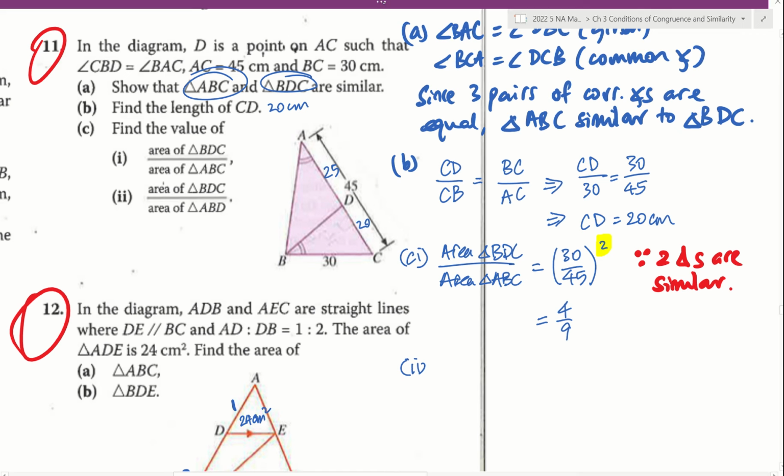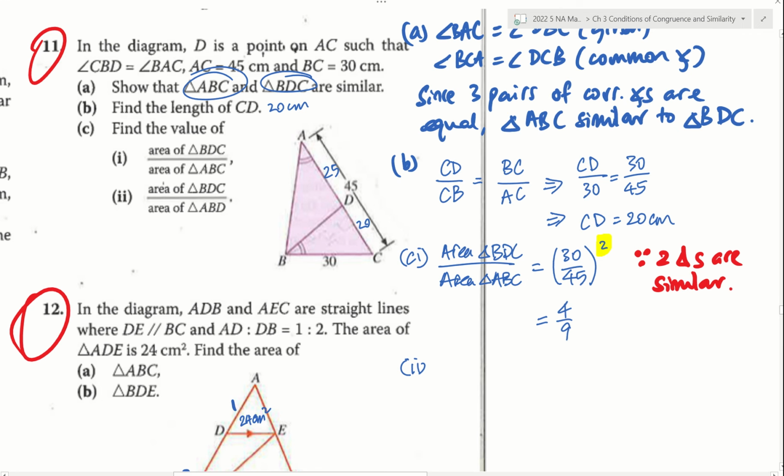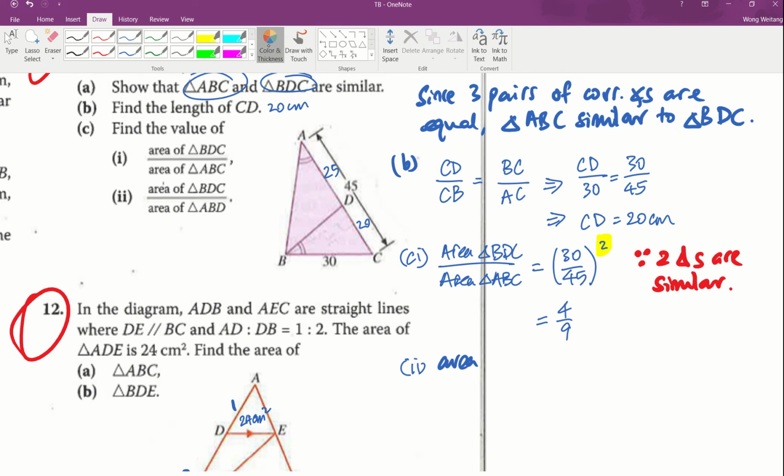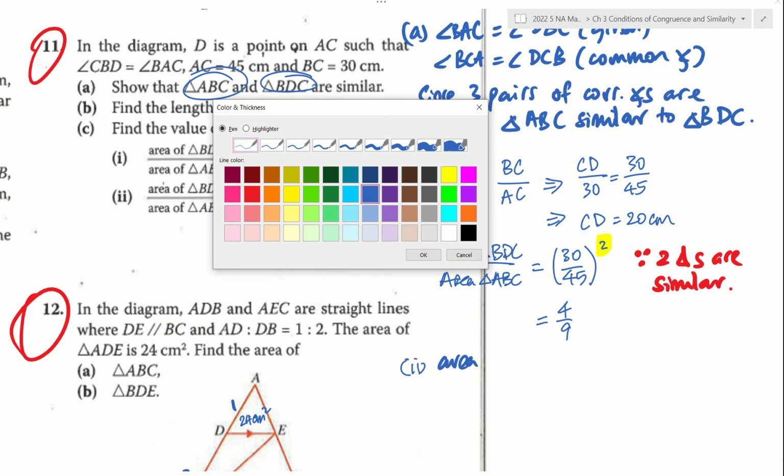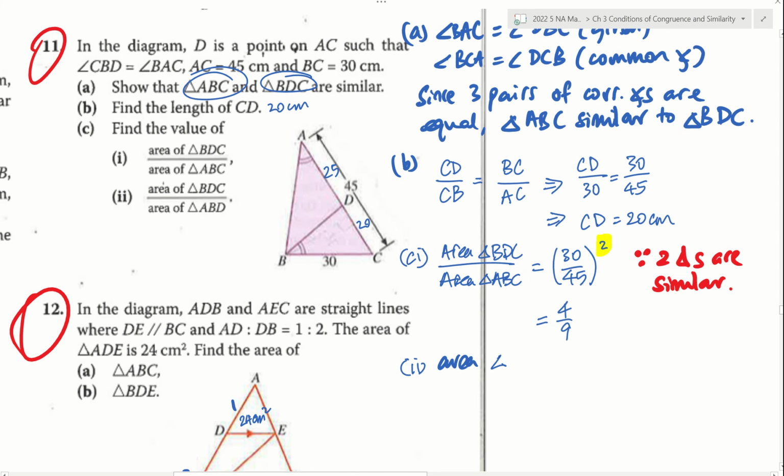Then we move on to part 2, where we will now find the area of triangle BDC over the area of triangle ABD.